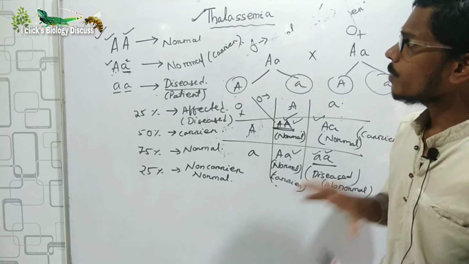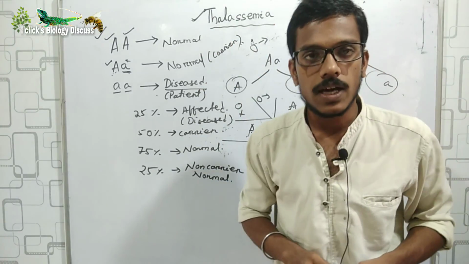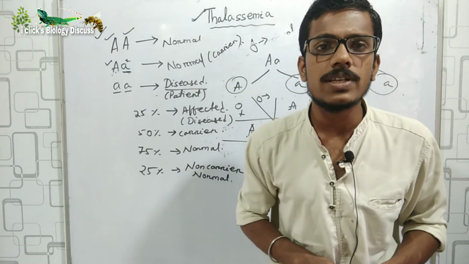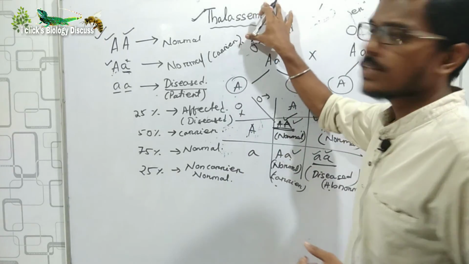But what happens in the case of thalassemia? Thalassemia is a hemoglobin disease, or we may call it hemoglobinopathy.